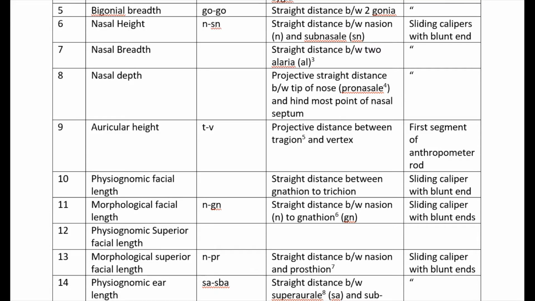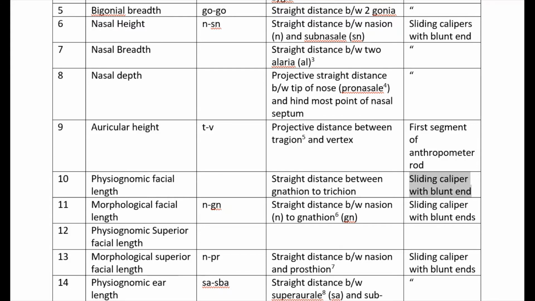Then next is the morphological facial length. Also, one important thing here: you do not use the first segment or anything else but the sliding calipers with the blunt ends. Blunt ends, why? Because we are using them on human skin, and we do not want to hurt anybody. Next is morphological facial length.